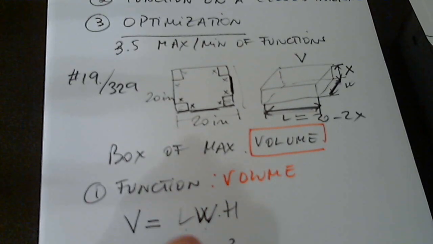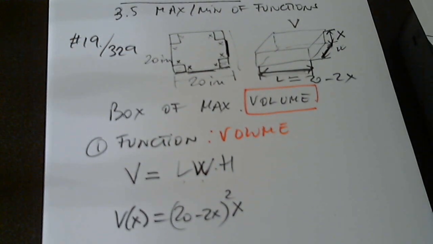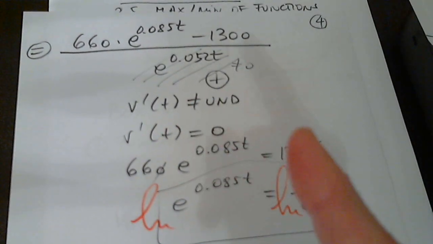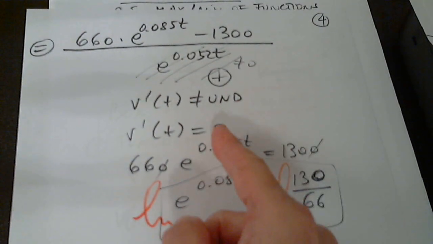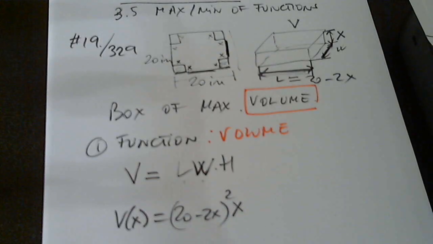I'm almost done. I have the function. And now I know what I need to do next. What do I need to do next? Find the derivative, see if it's undefined or zero, and find its maximum. That's what I need to continue with.